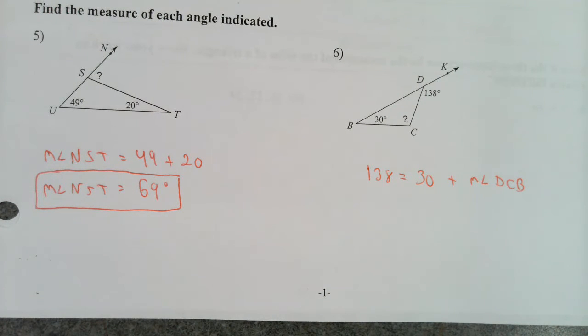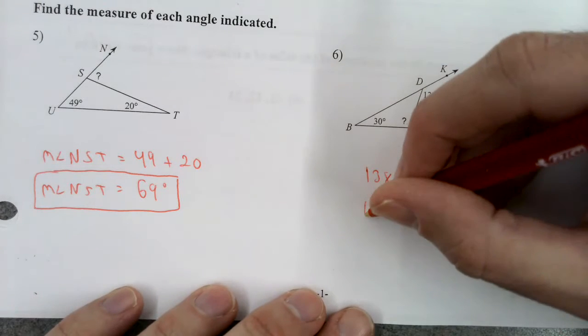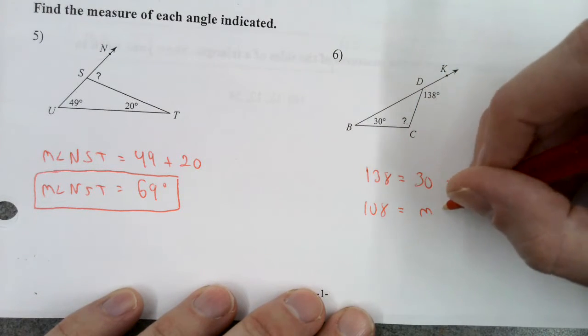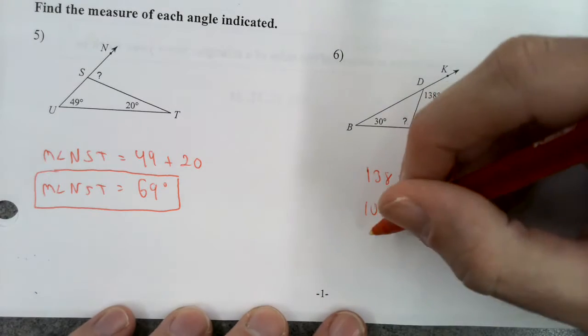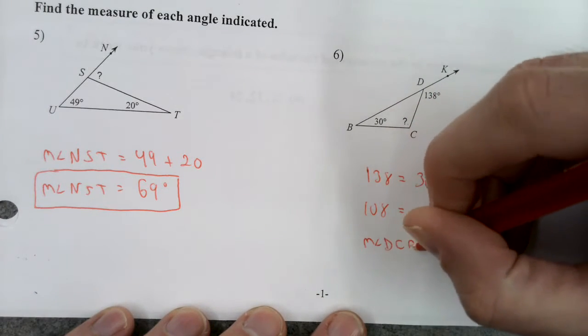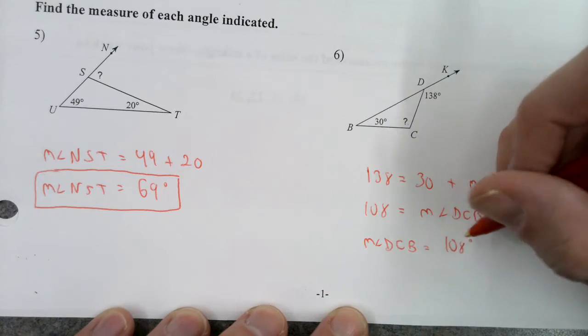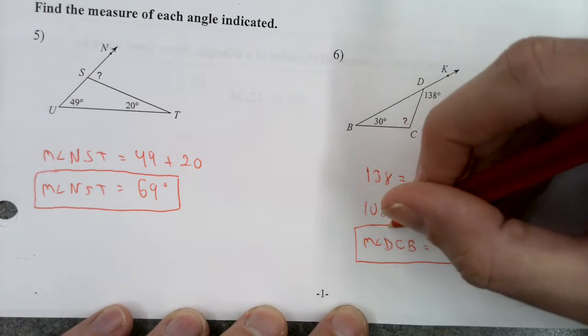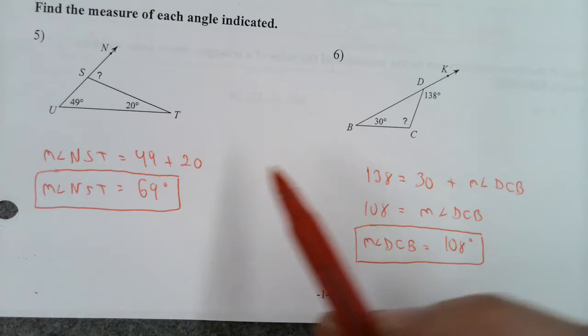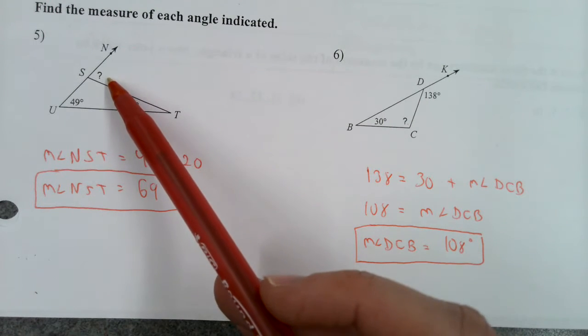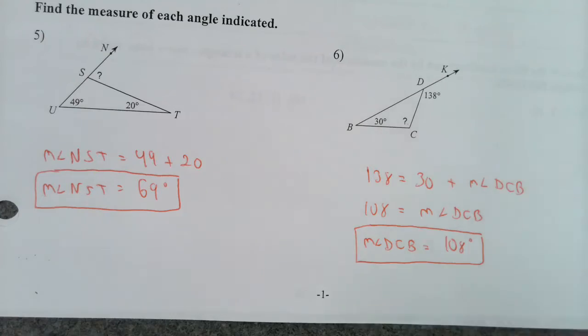So subtract 30 on each side, and you get 108. So 5 and 6, that's the same theorem, but in number 5 you solve for the exterior angle, and this time you solve for one of the remote interior angles.